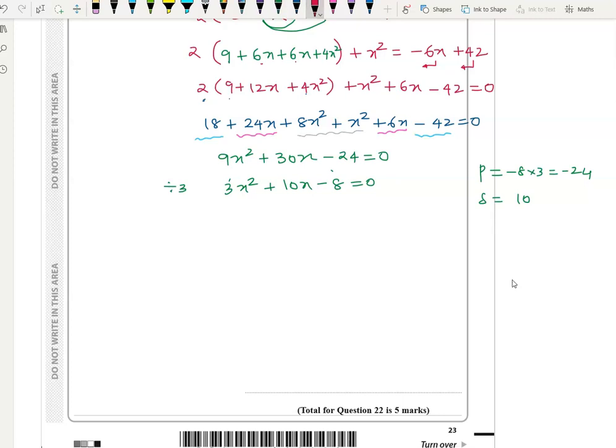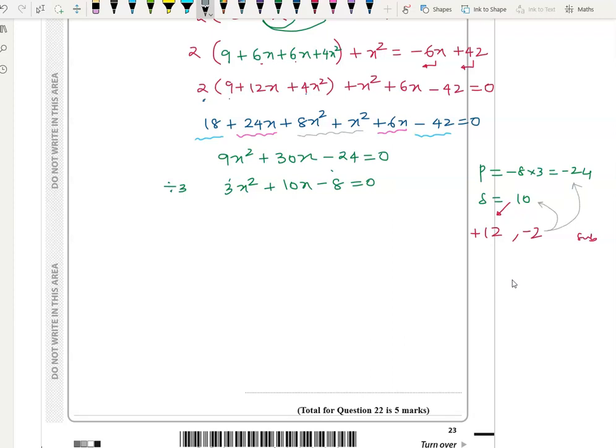So we have 12 times 2. 12 times 2 is 24, and 12 and 2 gives me 10 when I subtract. So when you get by subtracting, the two factors should get opposite sign. It is plus 10 here. This sign is always for the big number, so you take it as plus 12 and minus 2. Let's check it. 12 minus 2 is 10. 12 times minus 2 is minus 24.